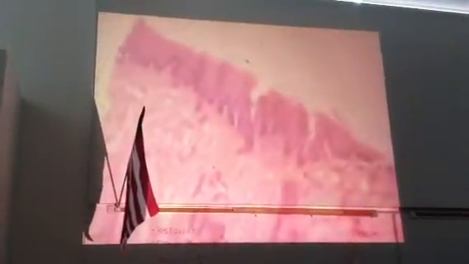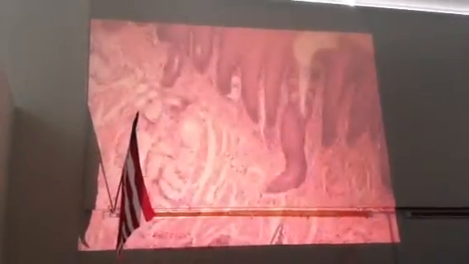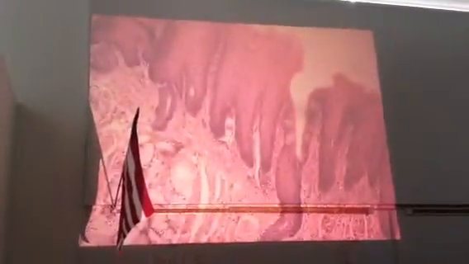And then I found this one. And the taste bud is right here, and it looks like you can see the opening on the side.